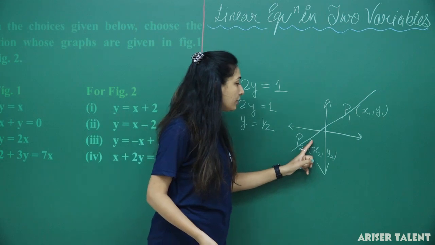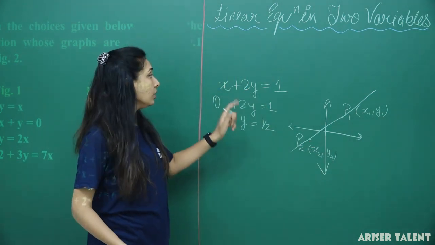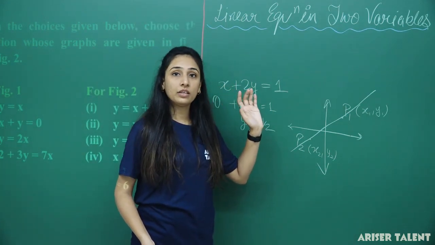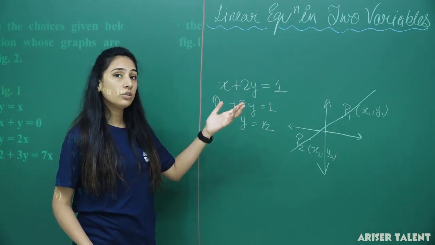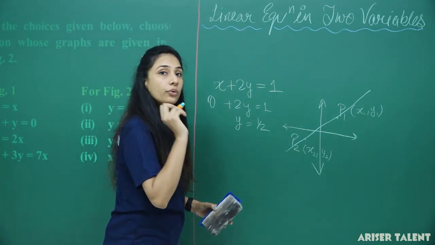Similarly, when you put the values x2, y2 in this equation, it should also satisfy it. That means RHS should be equal to LHS. So this is the method we are going to use.